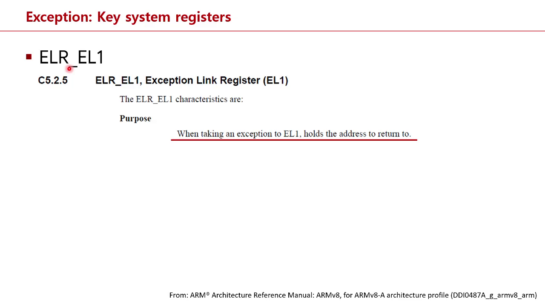When the exception is taken to exception level 2, the ELR_EL2 register is updated instead of ELR_EL1 register. Since this register holds the address of the instruction that caused the exception, many system software engineers refer to the value of this system register. So from the debugging perspective, this register is extremely important.